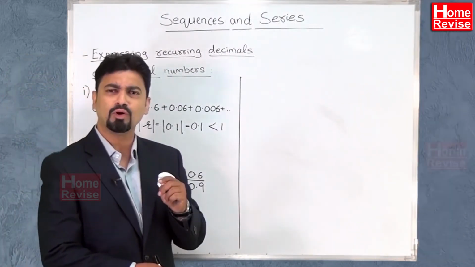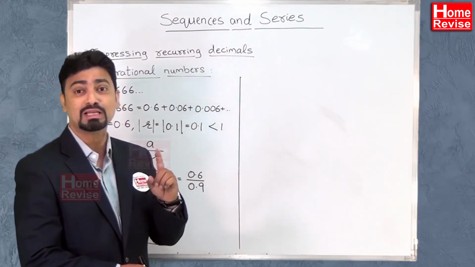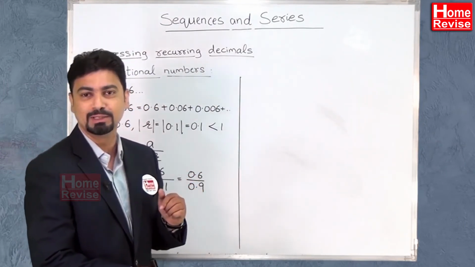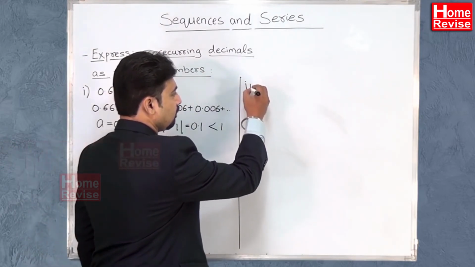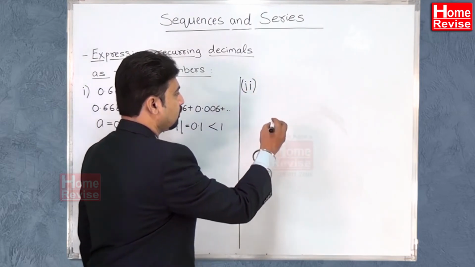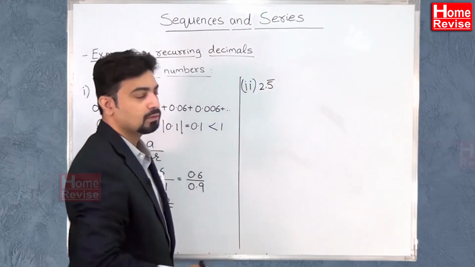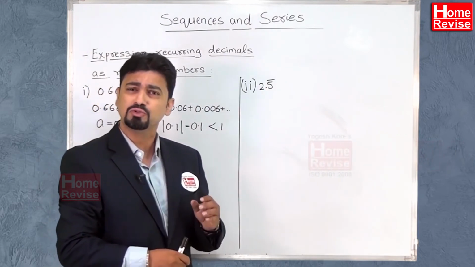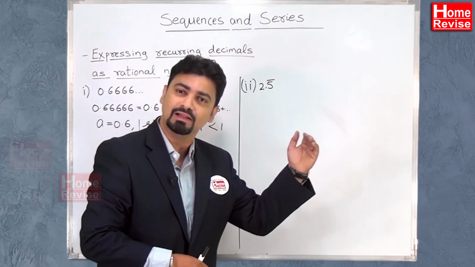Let us take one more example to convert a recurring decimal into a rational number using the sum to infinity of a GP. So let us take the second example. 2.5 bar. What is 2.5 bar? That is 2.5555 till infinity.